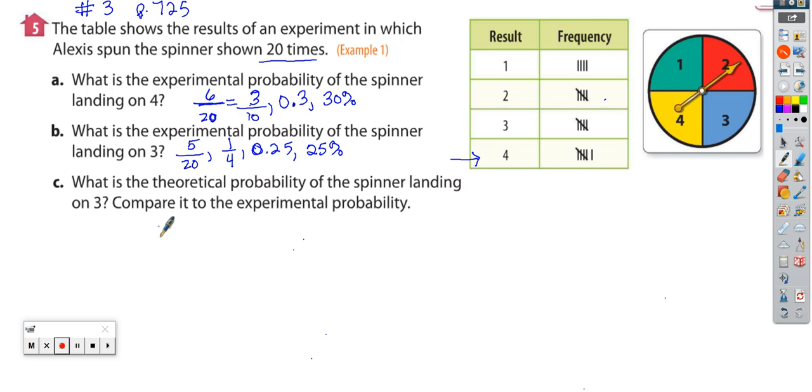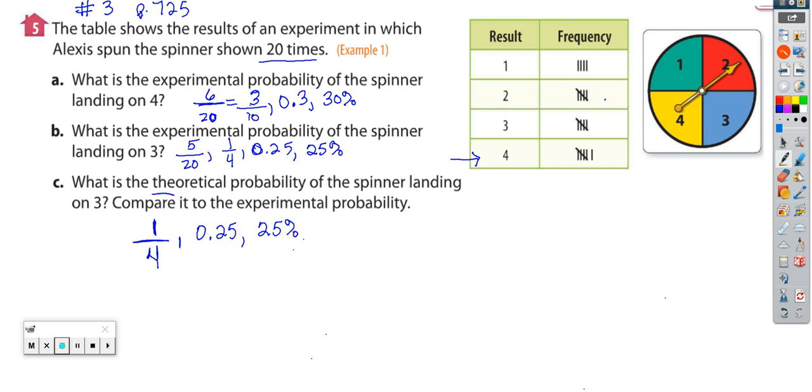Well, theoretically, there's 1 3 on the spinner out of the 4 possible numbers it could land on. And that is also 25/100ths and 25%. So that's my theoretical probability.